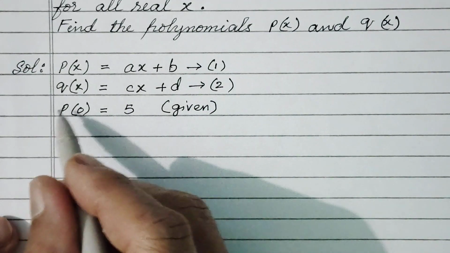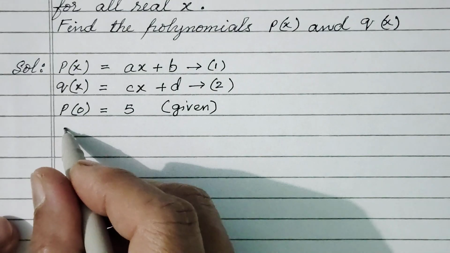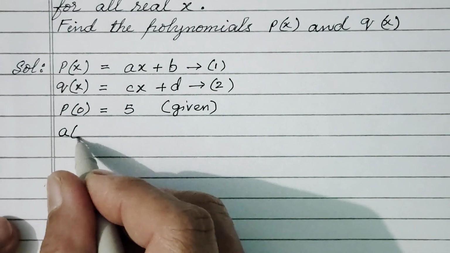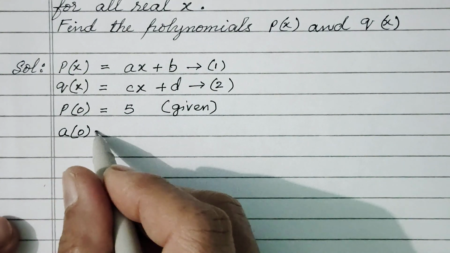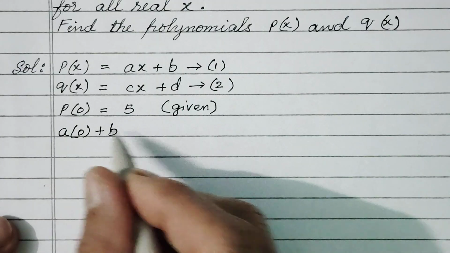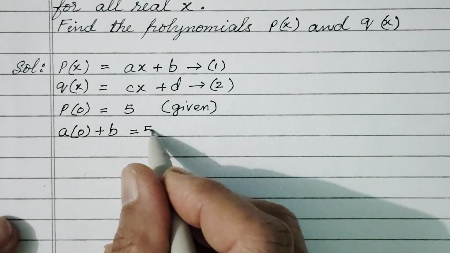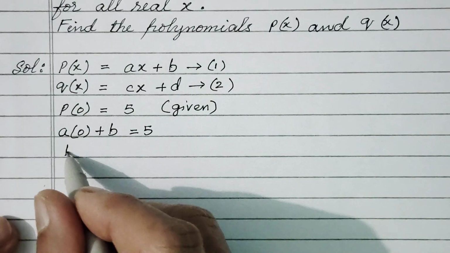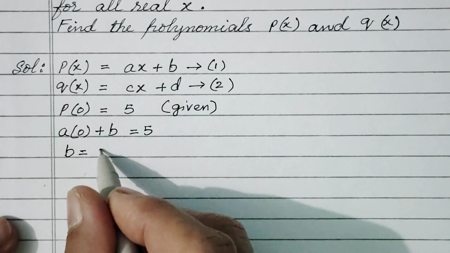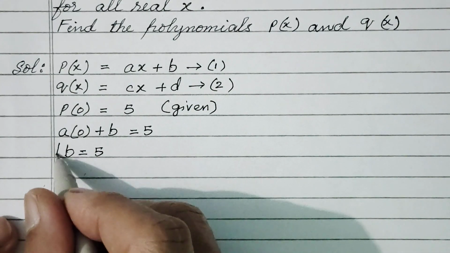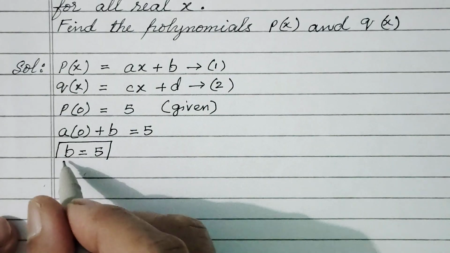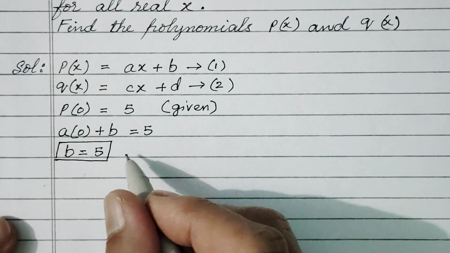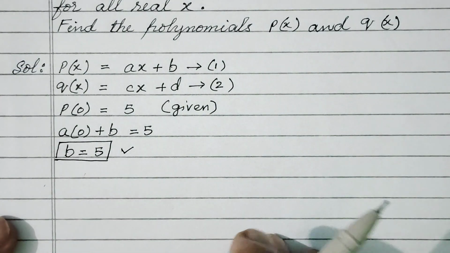So p(0) means replacing x with 0, equal to 5. So this will become 0, so b will be equal to 5. So here we got the value of b.